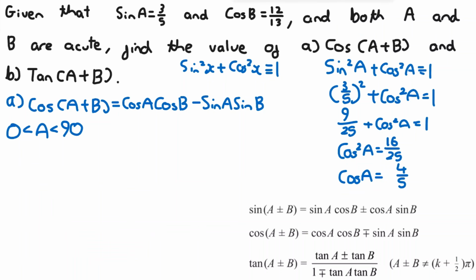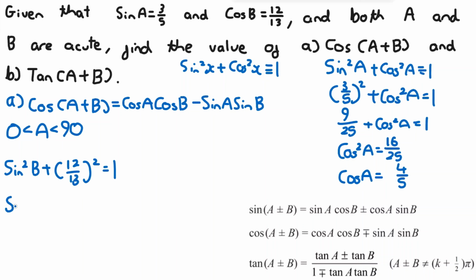And therefore, we can do the exact same thing for the B value. So this is going to be sin squared B plus cos squared B is equivalent to 1. So it's going to be sin squared B plus 12 over 13 squared, and this is going to be equal to 1.